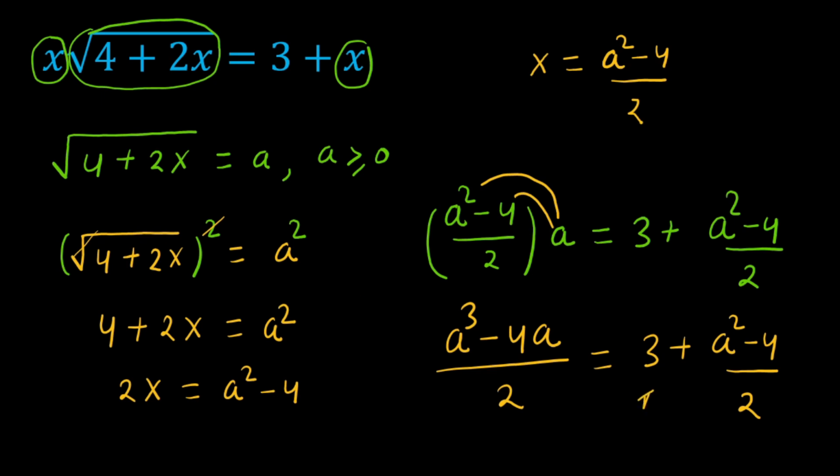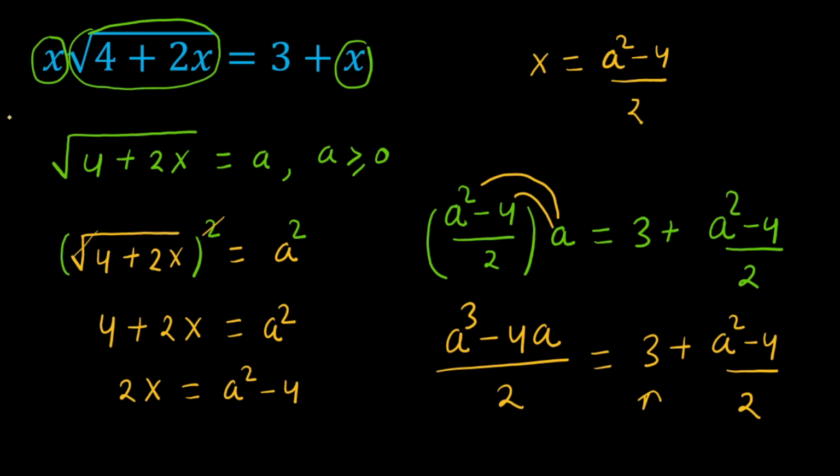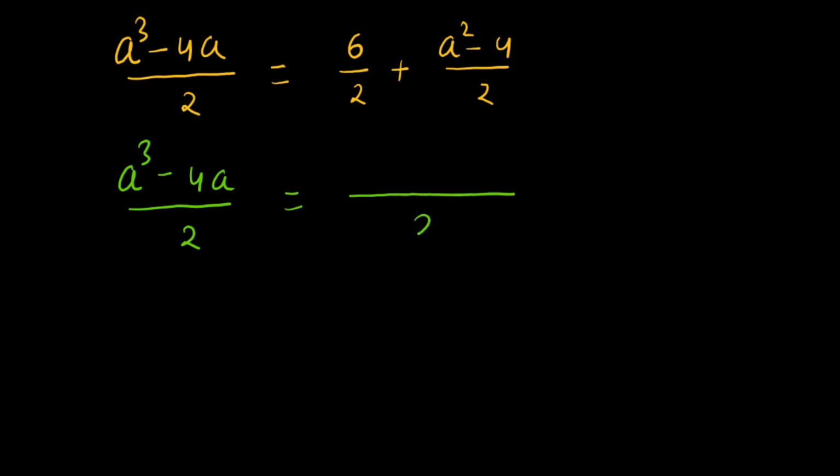On the left-hand side a cube minus 4a divided by 2, and on the right-hand side 3 is the same as 6 over 2 plus a square minus 4 divided by 2. We have like fractions, the common denominator is 2, and the sum of the numerators is 6 plus a square minus 4.